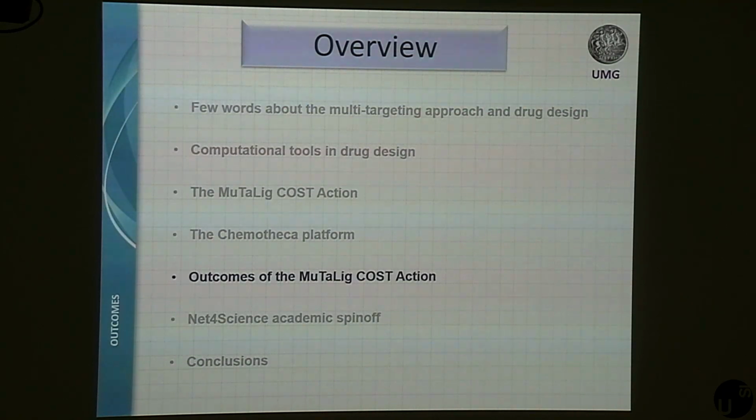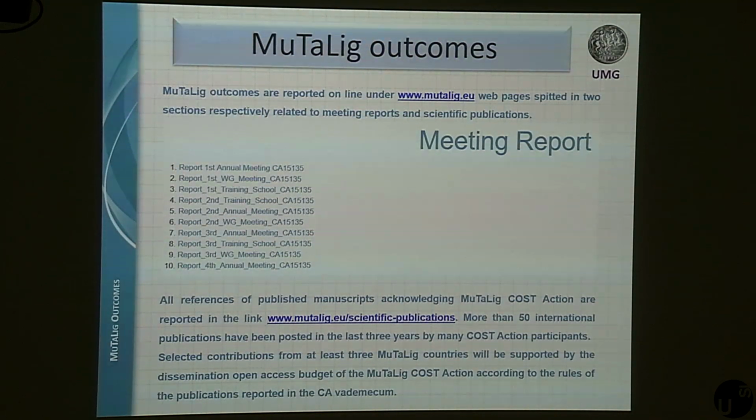Outcomes of the MuTaLig COST Action. Obviously, these are the results we have achieved, not only in terms of publications, but also in all the meetings we created. Up to date, you can find 10 of them because we still have 2 in progress. This one is the annual school, the last training school, and next year there will also be the concluding working group meeting.